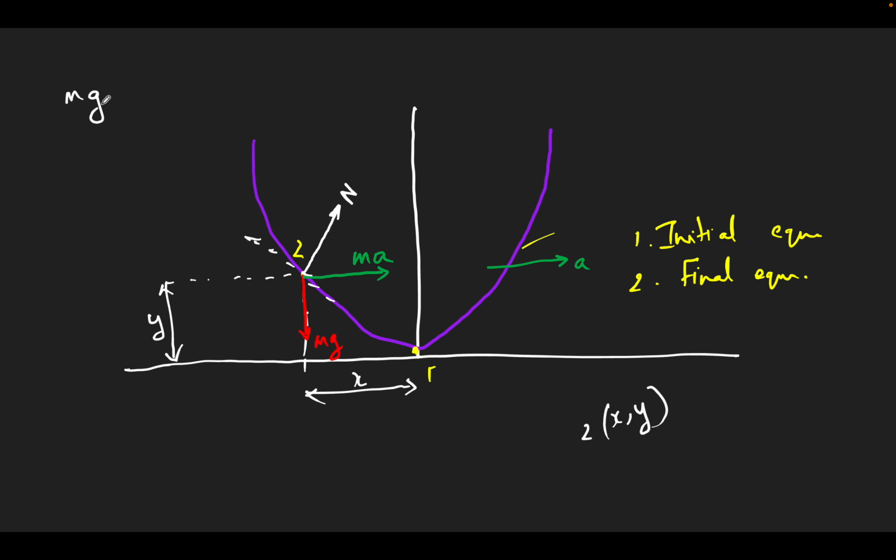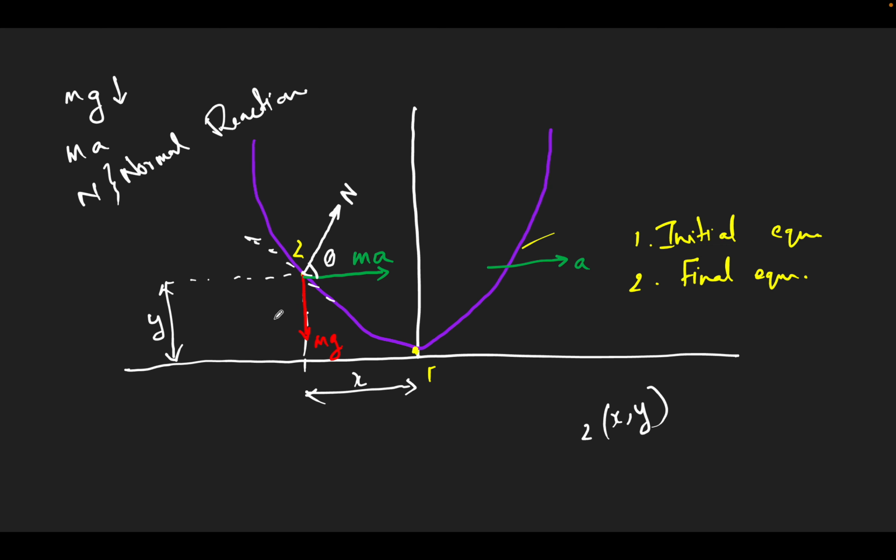One is mg acting vertically downward, another one is ma, another one is N, which is nothing but the normal reaction. Suppose this happens at an angle theta.